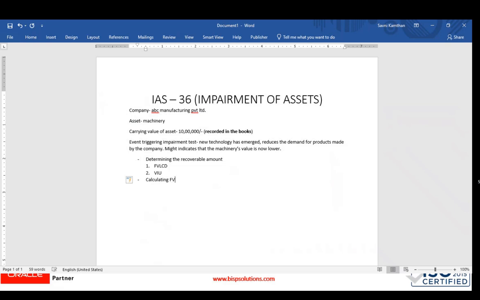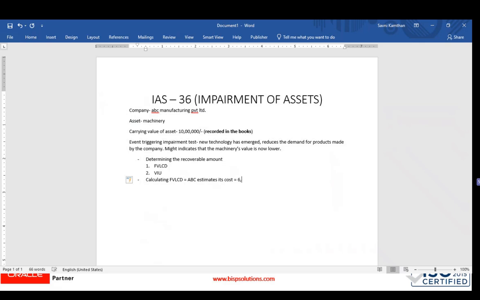FVLCD. So after checking the market, ABC estimated that they might sell their machinery at the cost of 6,60,000.